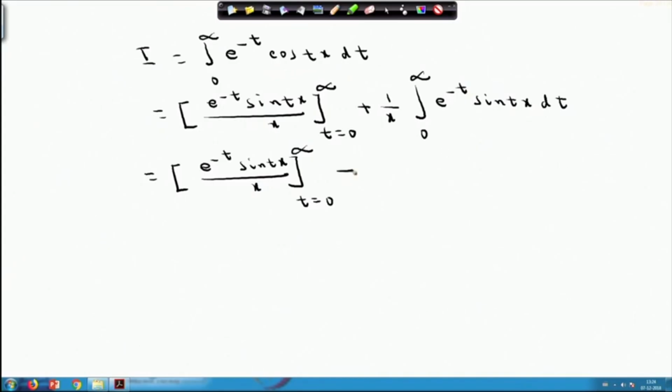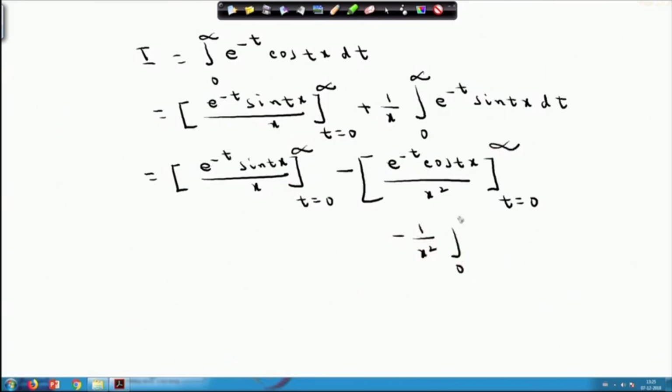If I do that, I will obtain minus e power minus t into cos of t x by x square, t equals 0 to infinity, I will obtain minus 1 by x square times the integral 0 to infinity e power minus t into cos of t x dt.